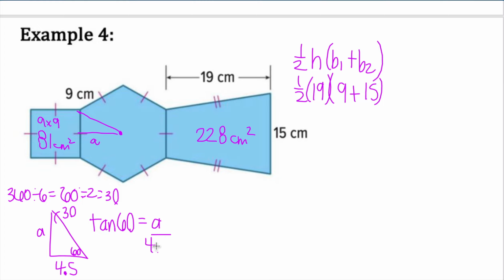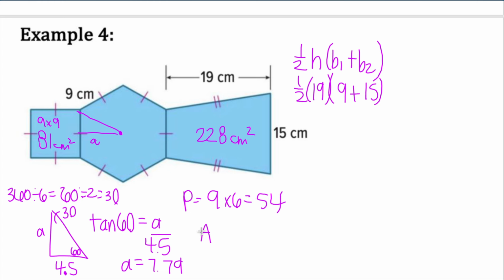So I did just that. Tangent of 60 times 4.5 will give me my apothem. You might have found it a different way, but in this case, the apothem should be about 7.8 maybe, or 7.79.